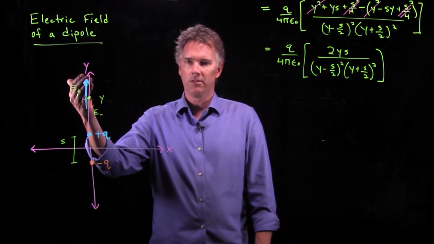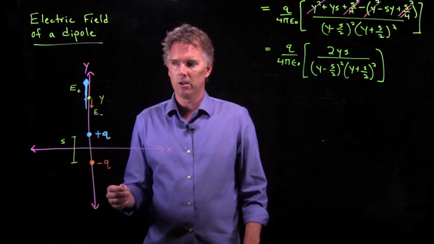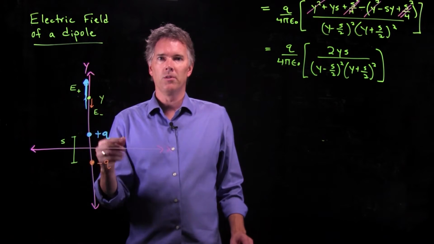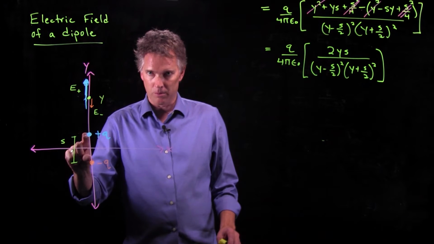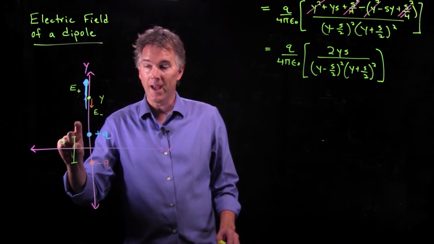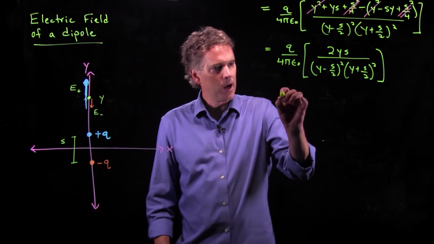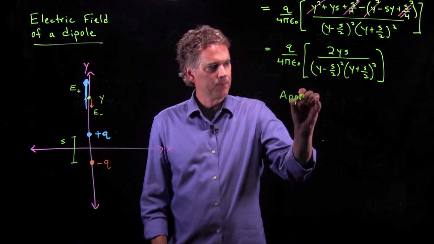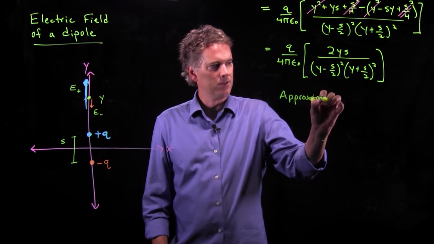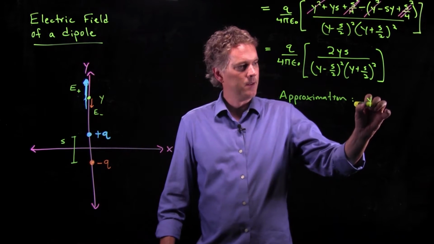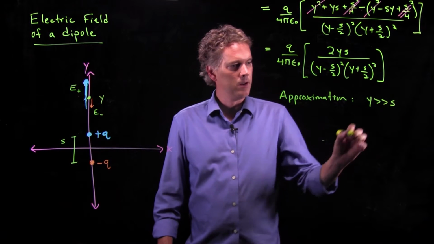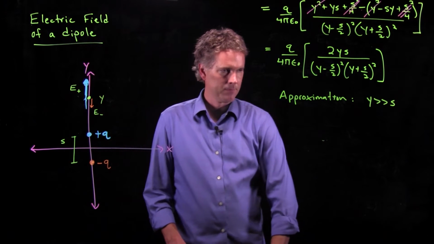And if you are looking some distance away from that atom or molecule, your distance y is going to be much bigger than the size of the dipolar molecule, okay, the atom or molecule s. And so the approximation that we're going to make is just that: y is much bigger than s.